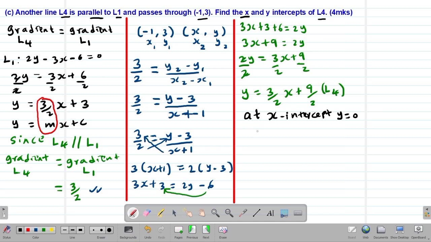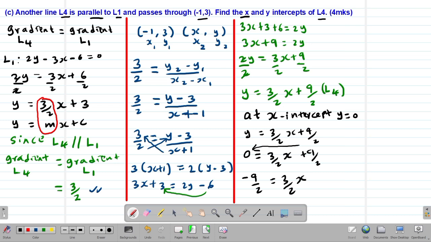Therefore, I'll substitute y being equal to 0 into the equation y equals 3/2x plus 9/2. So this will be 0 equals 3/2x plus 9/2. This can be rewritten, taking this to the left hand side, as -9/2 being equal to 3/2x.